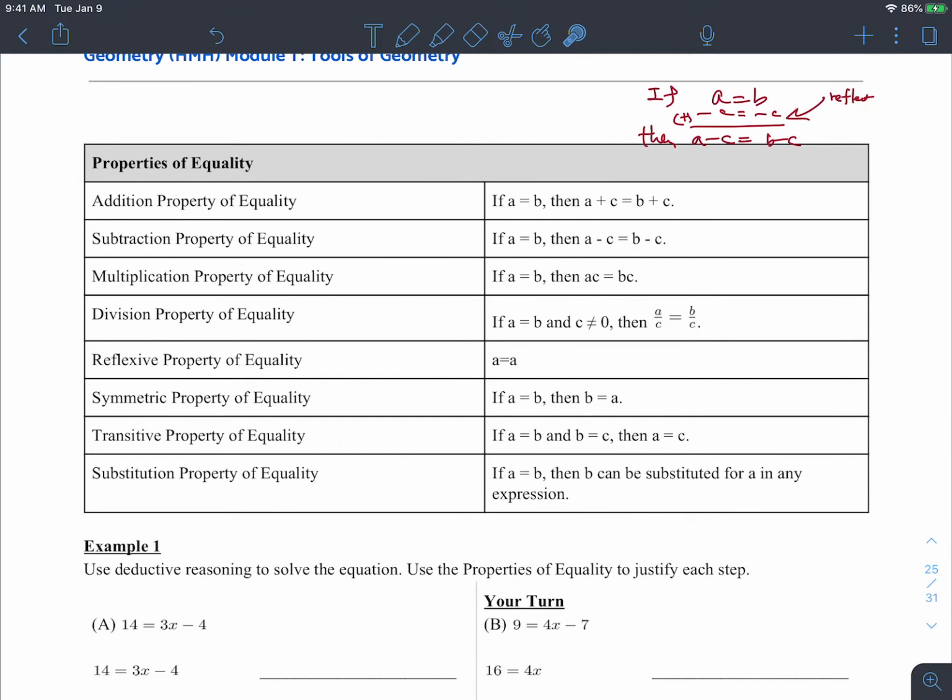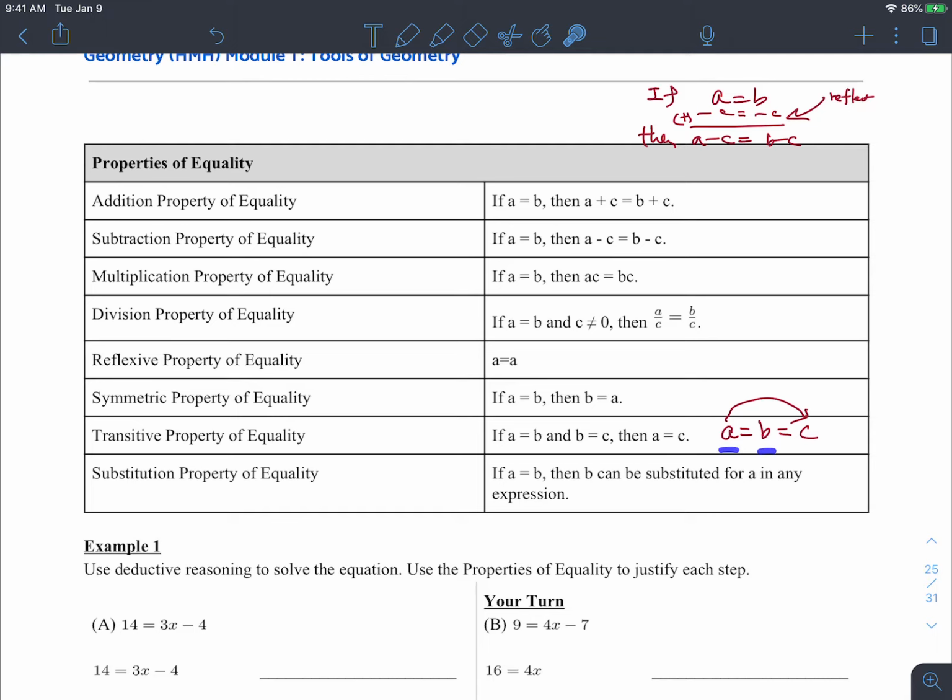Okay. So the transitive property, I like to think of that as almost like a chain rule, right? If you look at the first two, it says A is equal to B, and B is equal to C. So trans is that going across, from the first to the last in the series of equations, the relations that is.